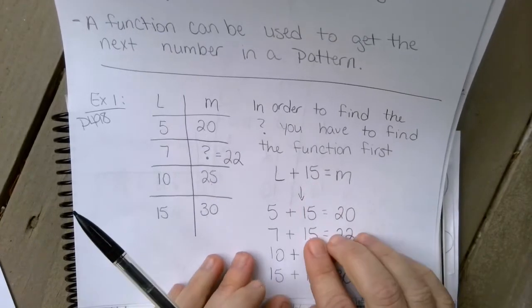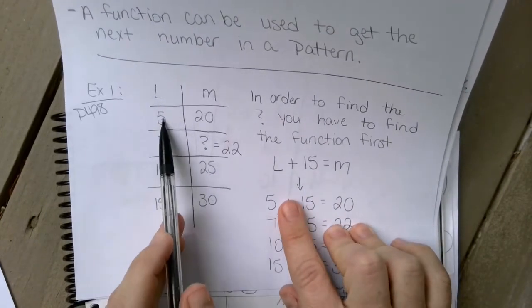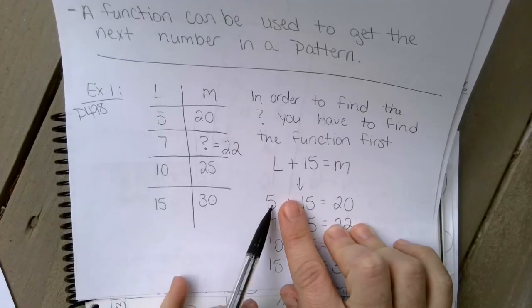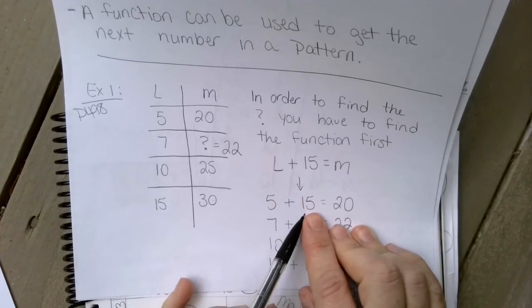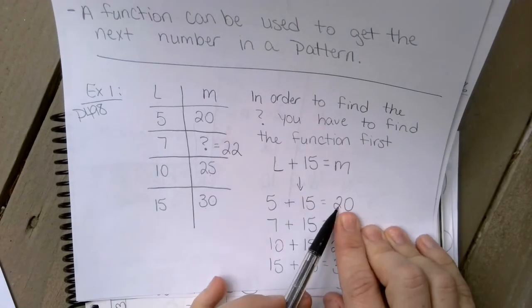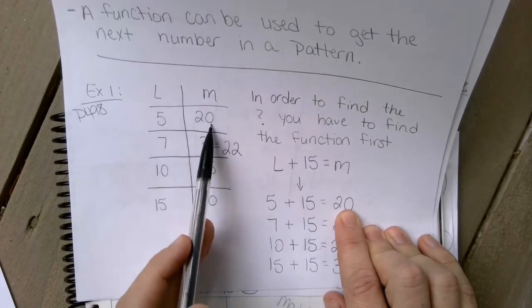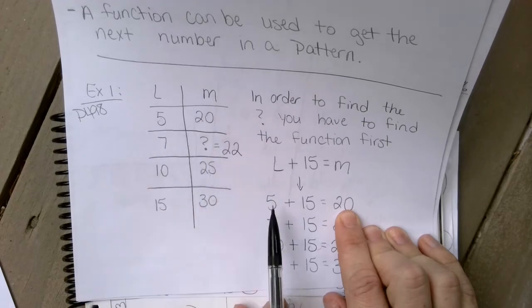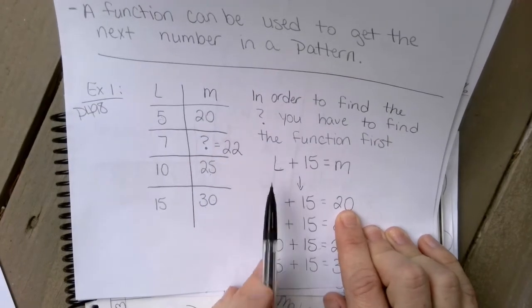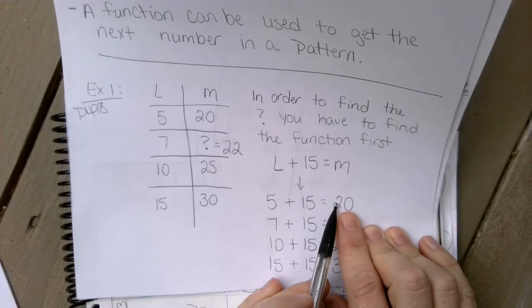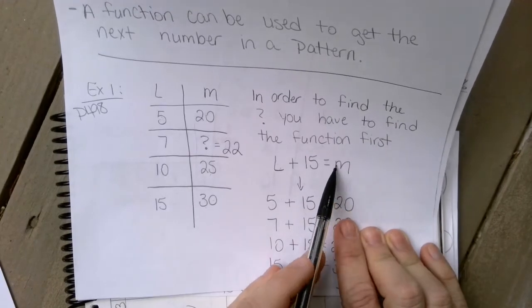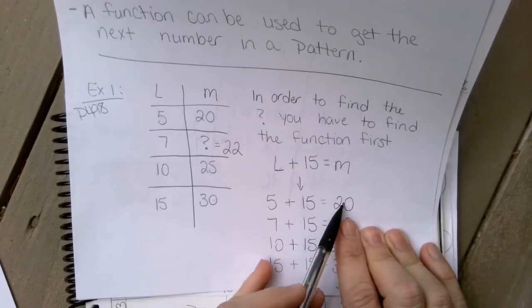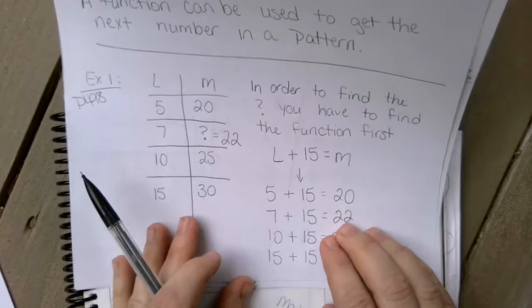So what that means is if I put 5 plus 15, that gives me 20, which is the corresponding M. So see how 5 and 20 is connected. So 5 is what I plug into L, and then if I do this right, 20 is what I should get for M.